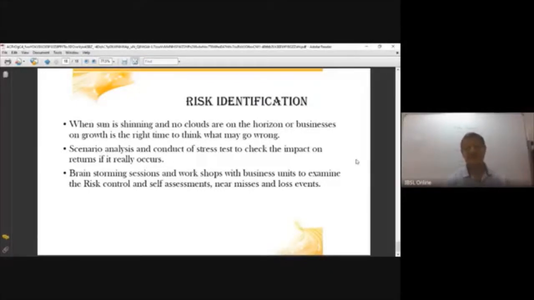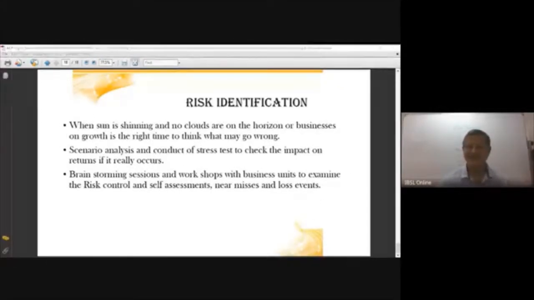Before going into risk measurement and response, I want to go to our integrated risk management framework. However, though I don't have slides, I will talk about the measurement procedure.